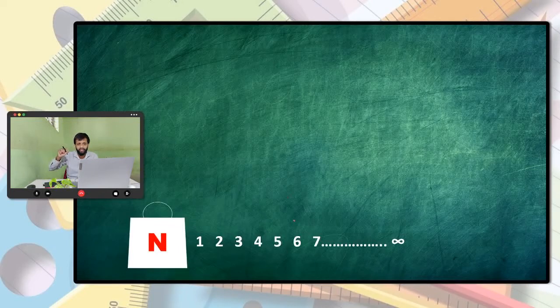Now that symbol that you can see over here is called infinity. It is a symbol used because for the number that is at infinity, I don't know what it is, but there is a number like that.